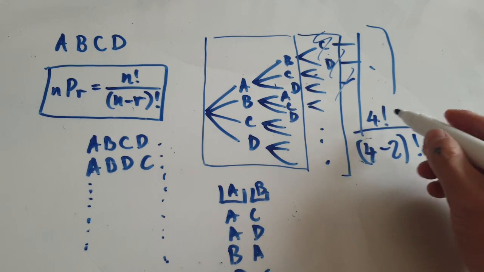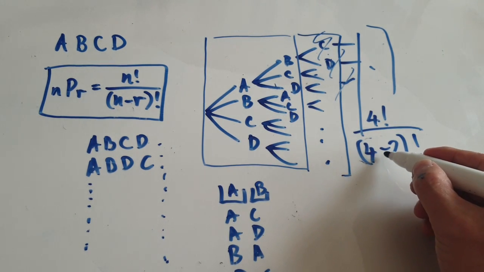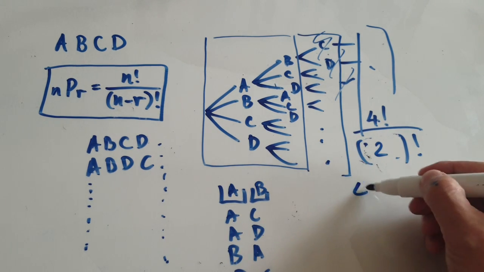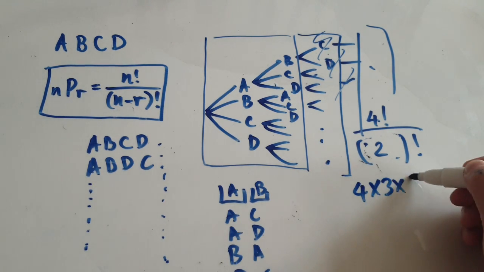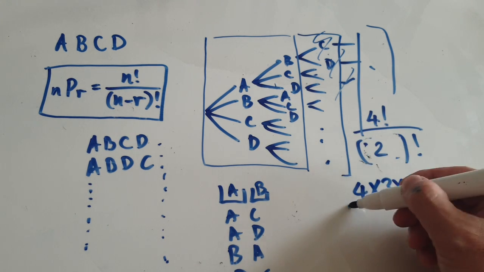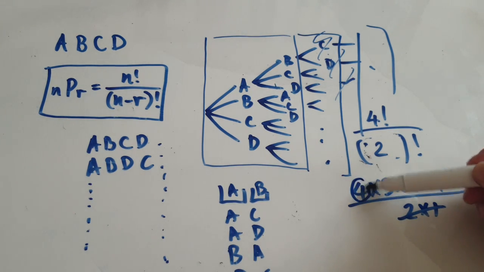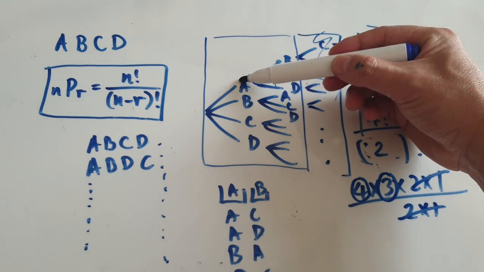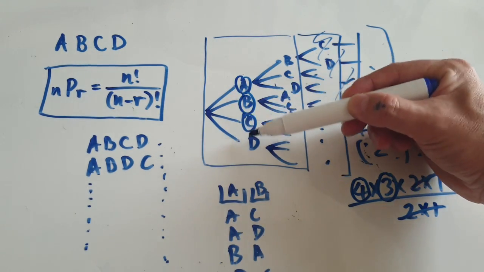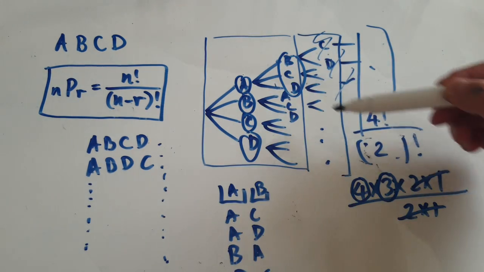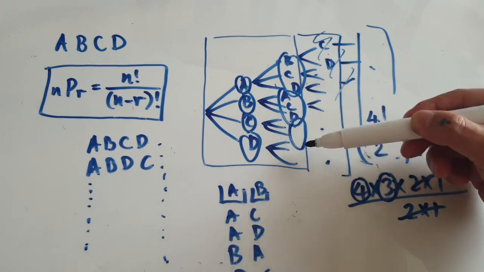Really, it turns out to be 2 factorial. So it will be 4 times 3 times 2 times 1, which is 4 factorial, over 2 factorial, 2 times 1. These two cancel out. That's why you only look at 4 possible scenarios here, and each one will have 3. That's why you have this 3 here.